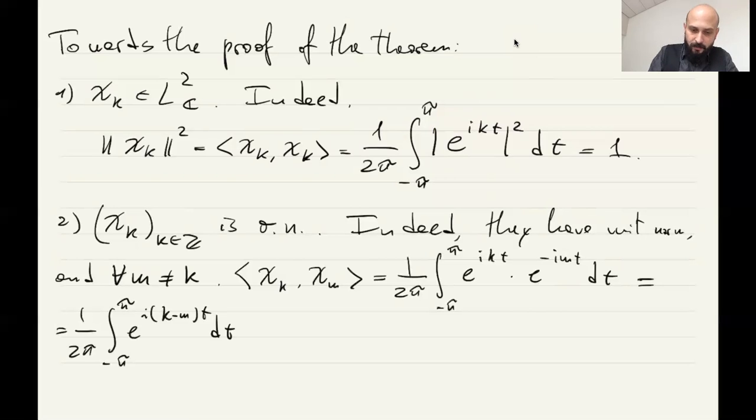Now it's important that k minus m is not 0, because m and k are different.